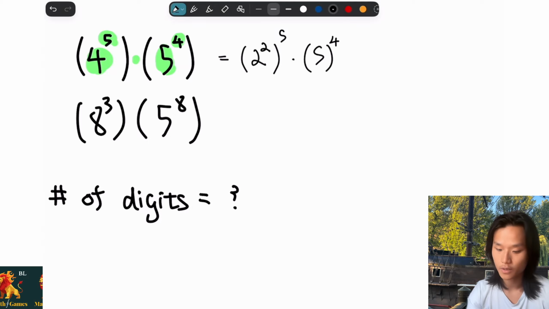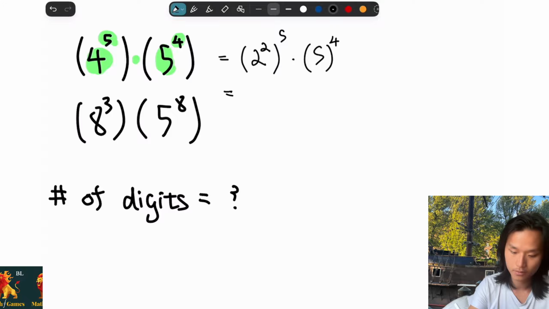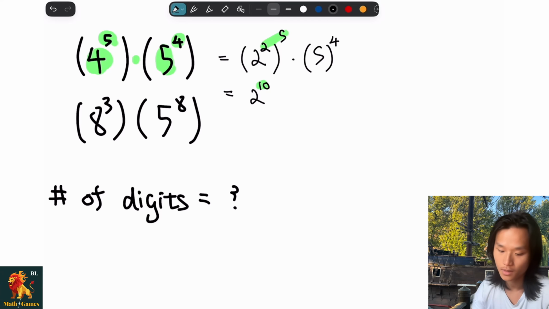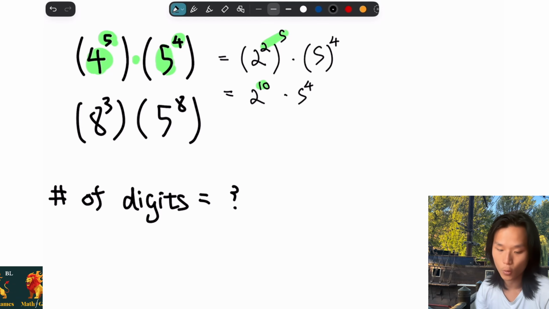The next step we can do is to write the power of 2 as 2 raised to the power of 10, because 2 times 5 is 10, okay? Then we multiply that by 5 raised to the power of 4.